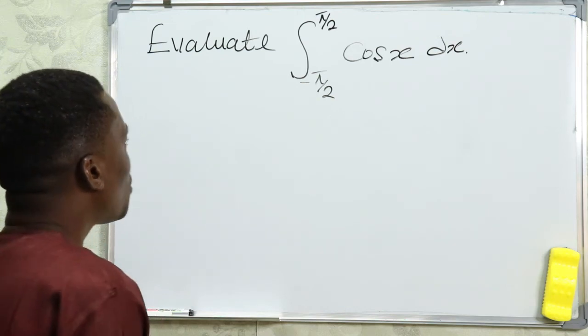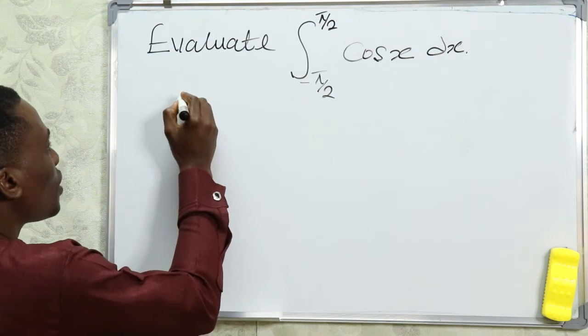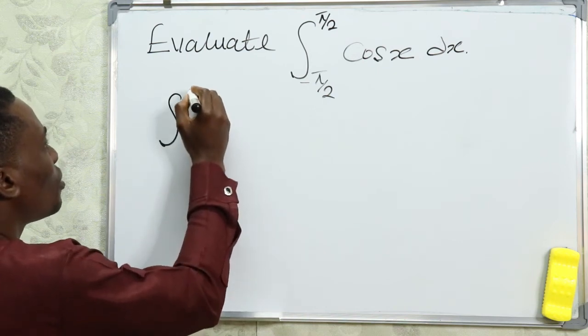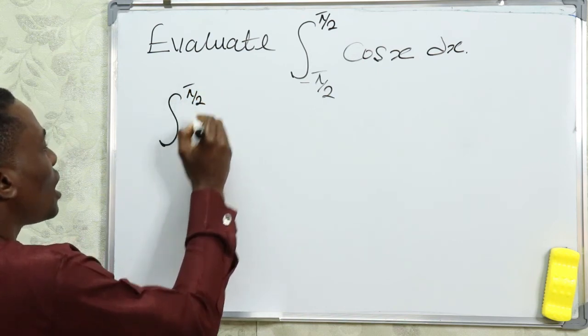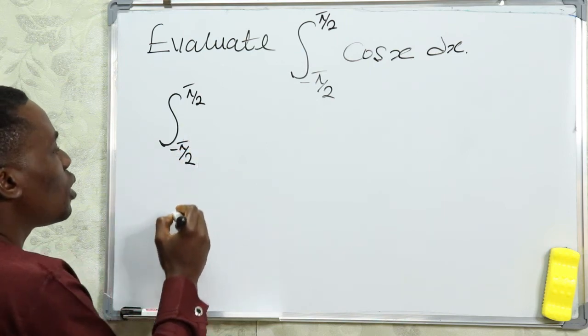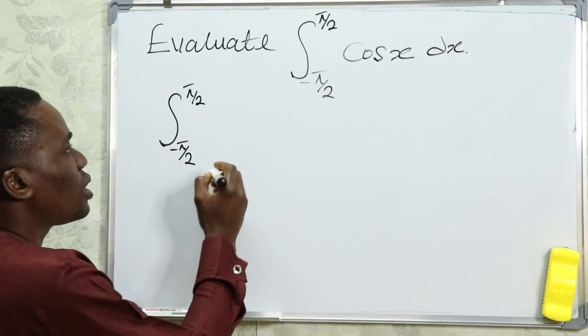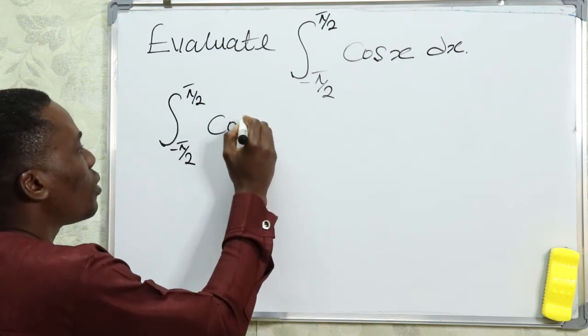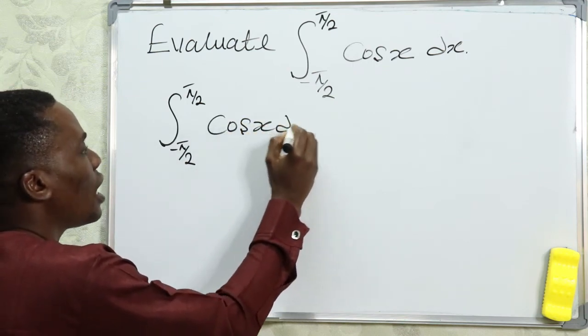Now if we integrate that, we are looking at the integral with the upper limit pi over 2 and the lower limit minus pi over 2, of cos x dx.